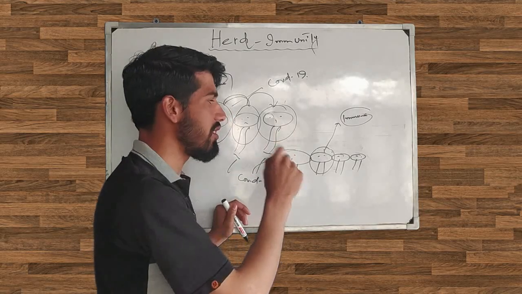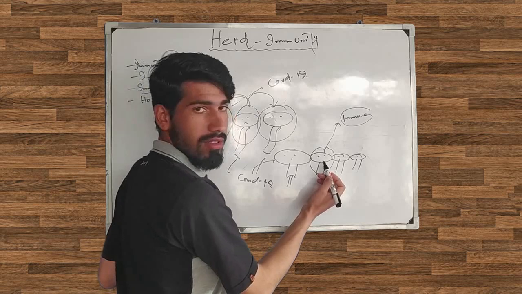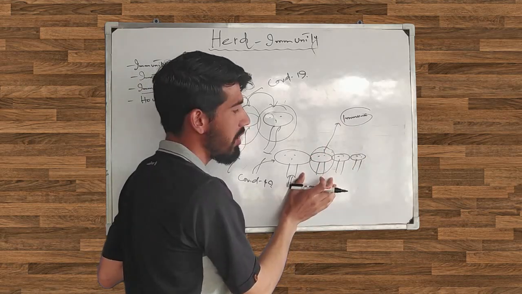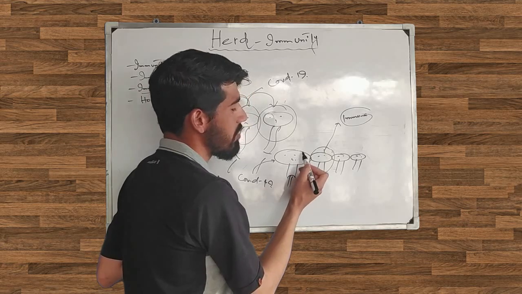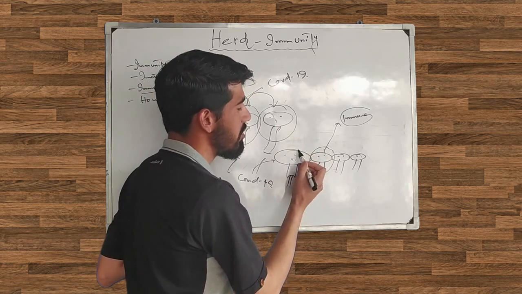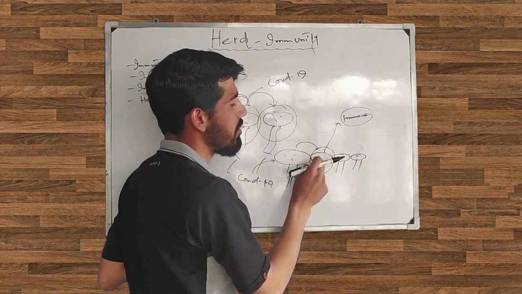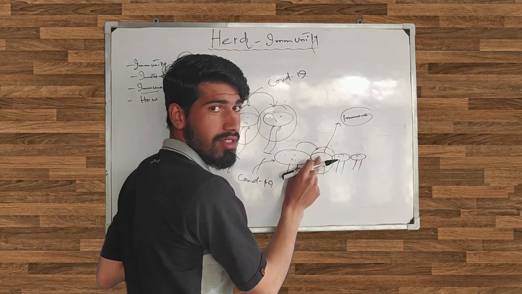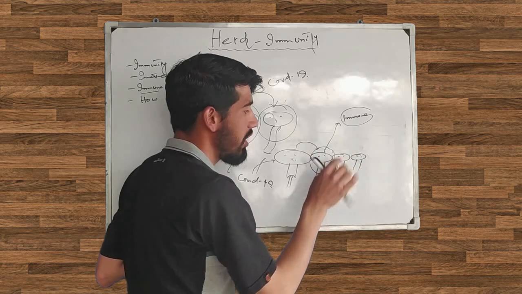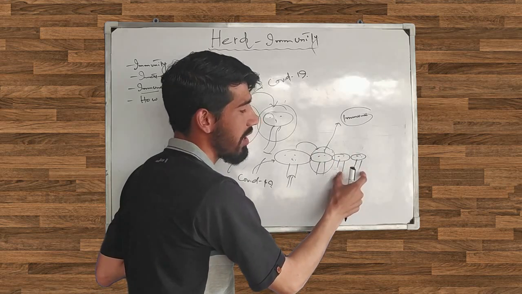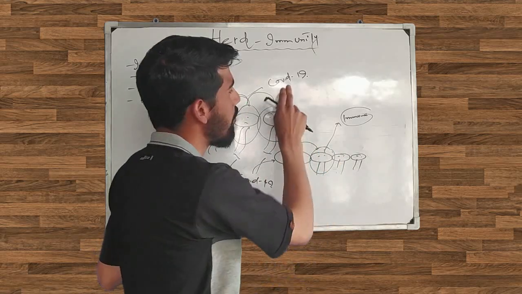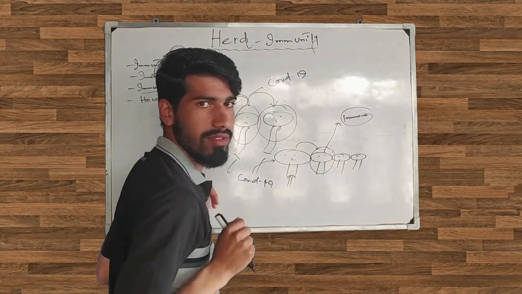Now what happens in this case? If this person is immune, then when the infected person tries to transmit COVID-19 to this person, this person already has the antibody, and is an immune person. These healthy persons do not catch the COVID-19 with the help of this immune person.